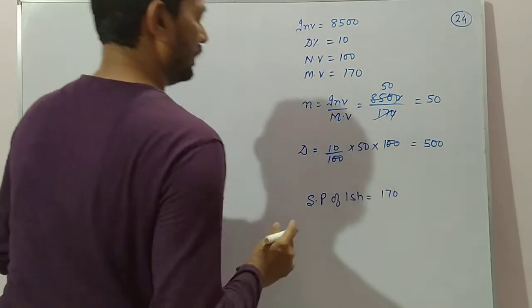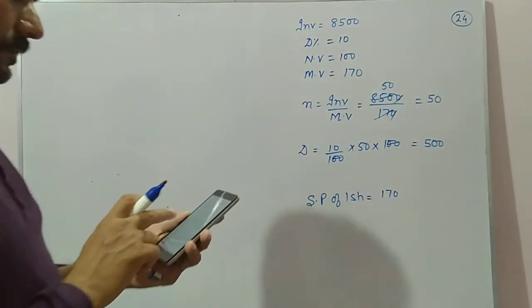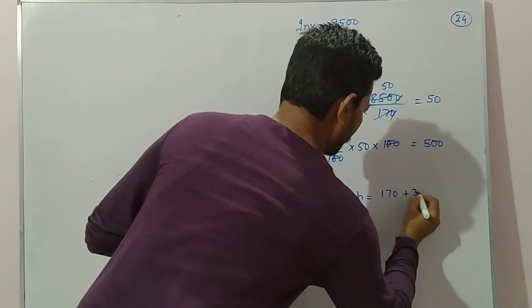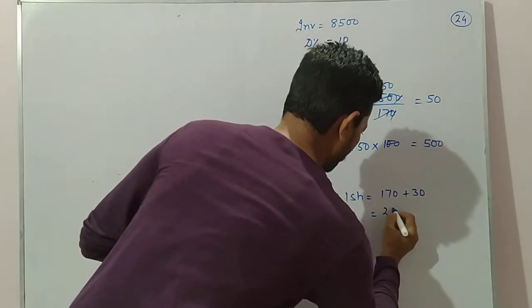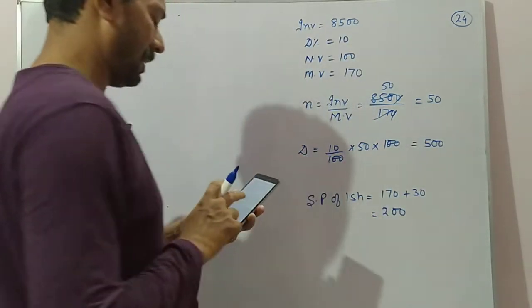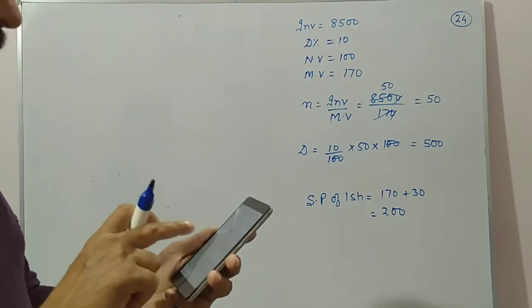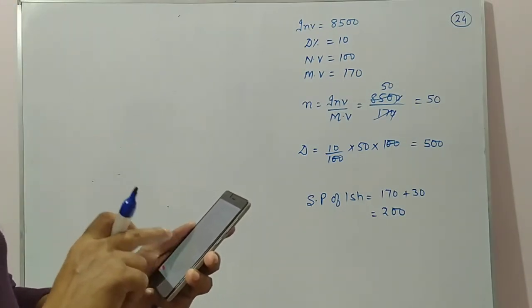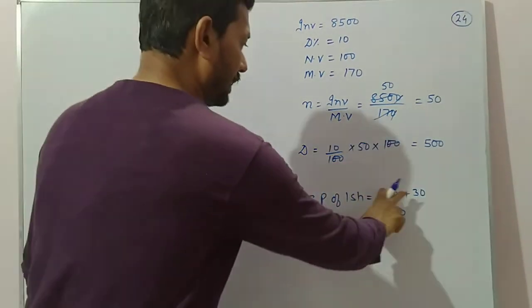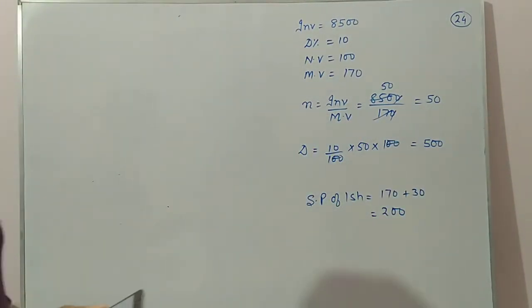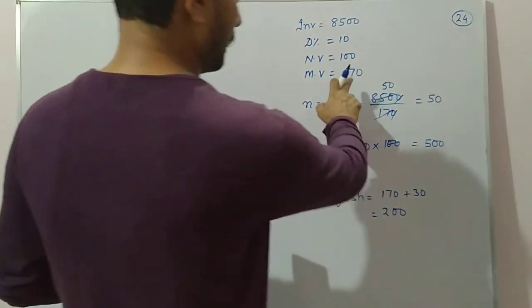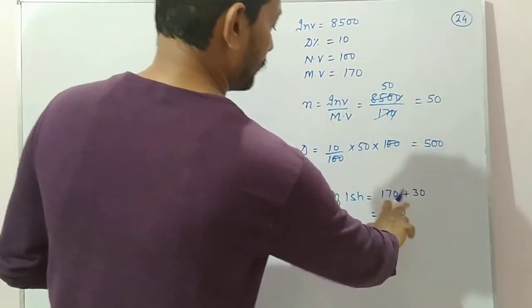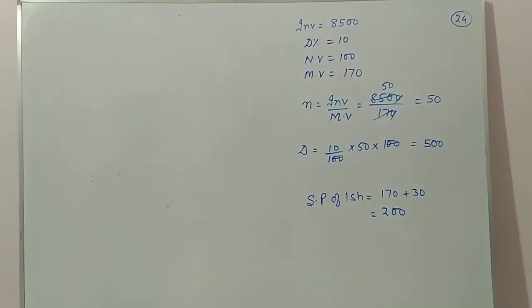Earlier he bought the shares at 170, and the rise in the price is rupees 30. So 170 plus 30, that is 200. He is selling the shares at 200.